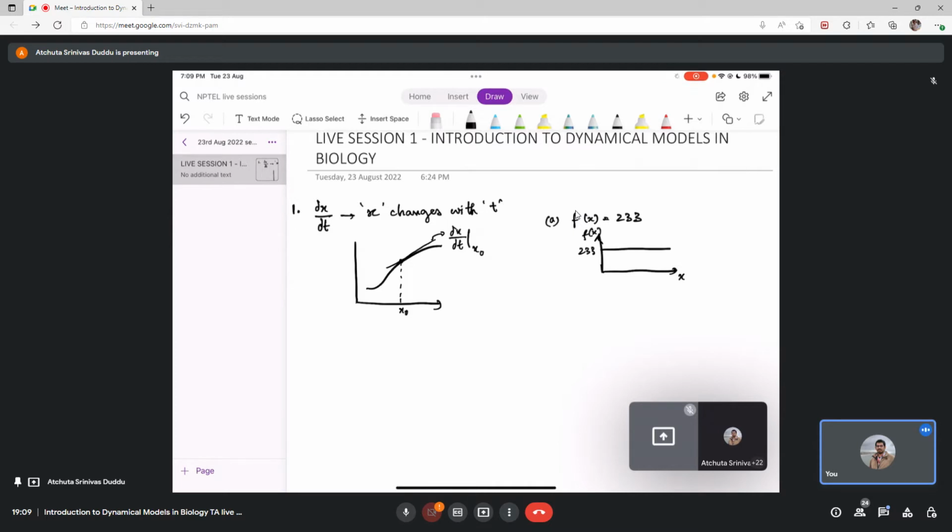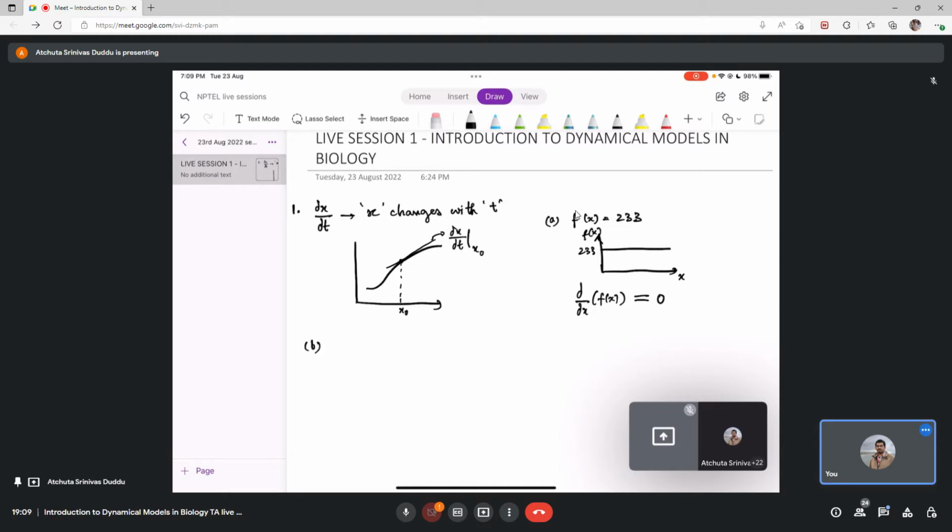When it's constant, d by dx of f of x would be 0, since there's nothing inside to differentiate, nothing changing with respect to x. So the slope or the differential of this f of x is 0.